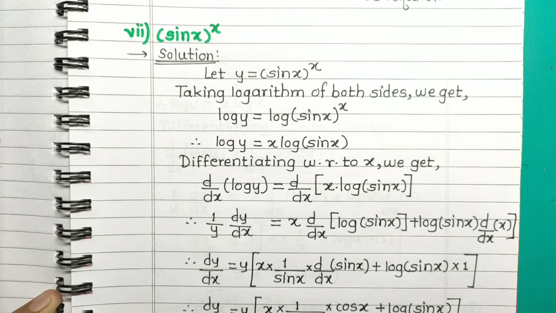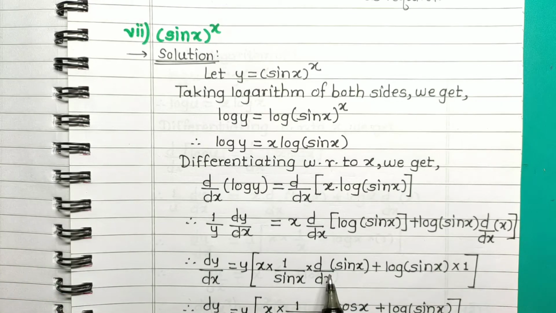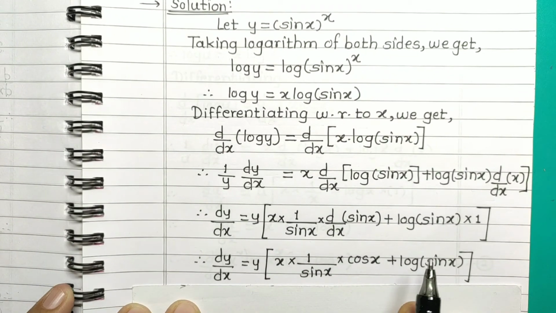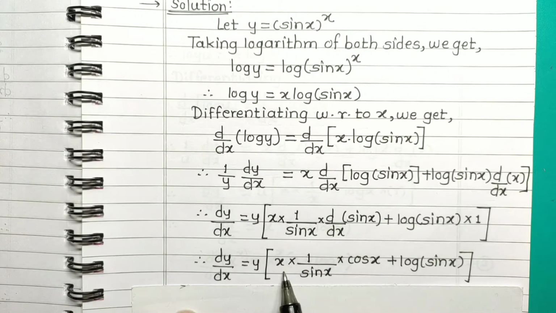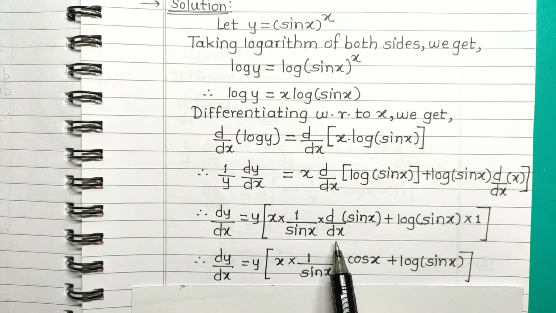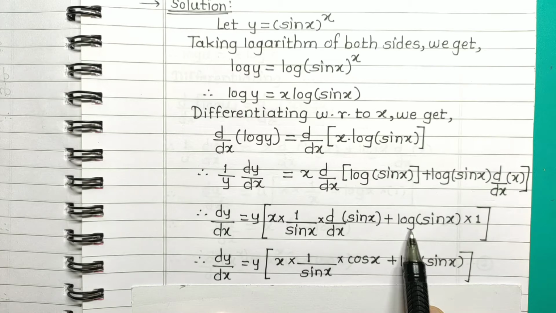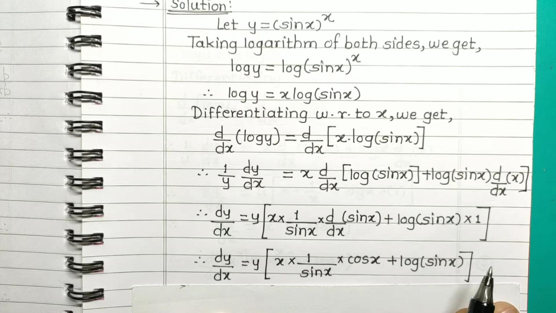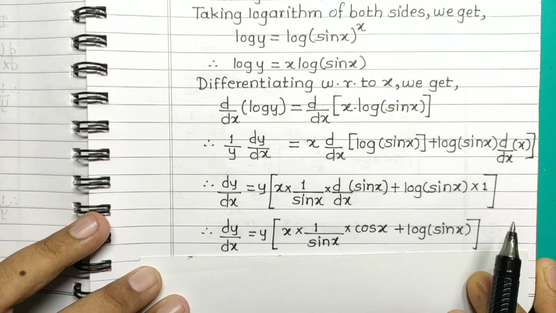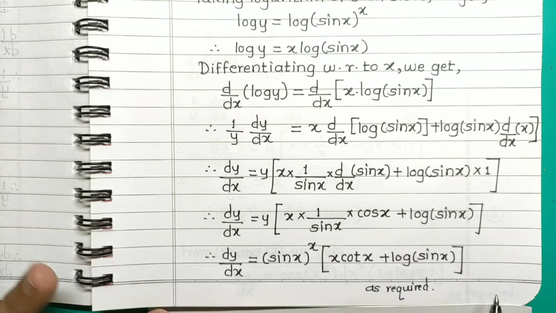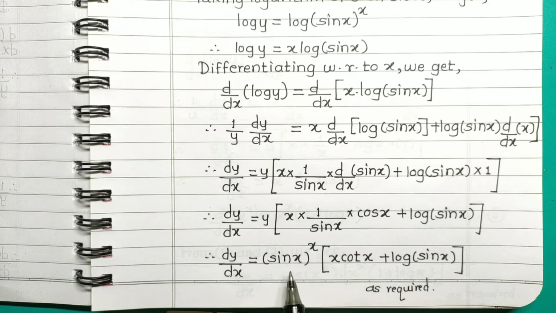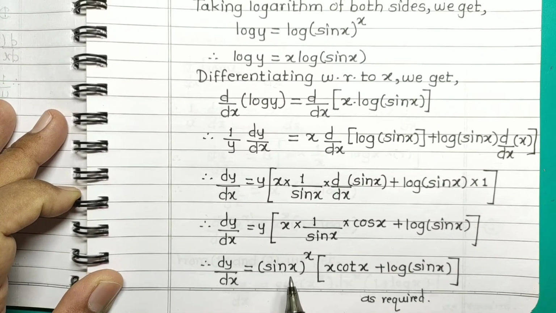Now to the next step, let's evaluate these two derivatives, this derivative. So we have dy by dx is equal to y into this x as it is, 1 upon sin x, and derivative of sin x is cos x, plus here log of sin x term, and now we have the required derivative dy by dx, in which we have replaced this y by the given function.